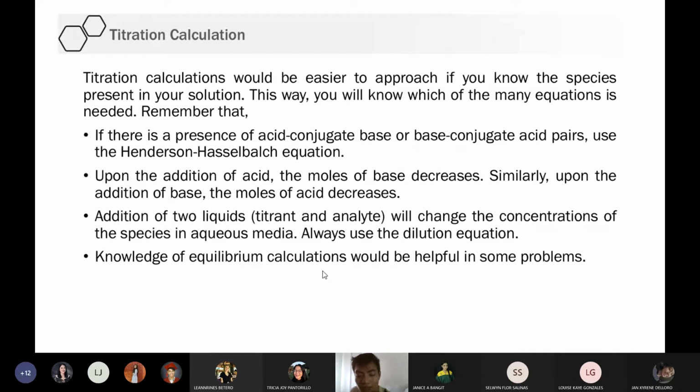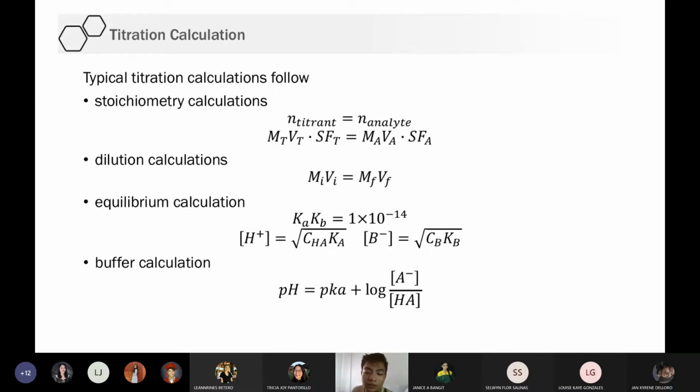And the equilibrium calculation, alam ko nagsawa kayo diyan nung midterm period, 'di ba? So that means you are very prepared, no, for titration calculations na. Okay? Kasi marunong na kayo mag-buffer, marunong na kayo mag-equilibrium, marunong na kayo mag-compute ng moles, and marunong na kayo dilute, 'di ba? Okay. So, overall, ito yung general formulas na gagamitin natin.